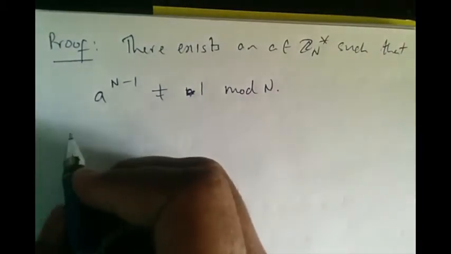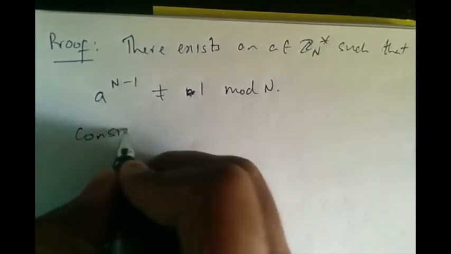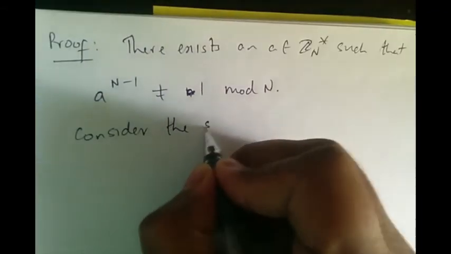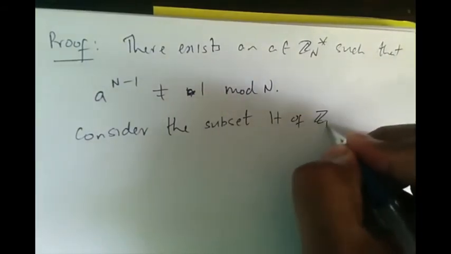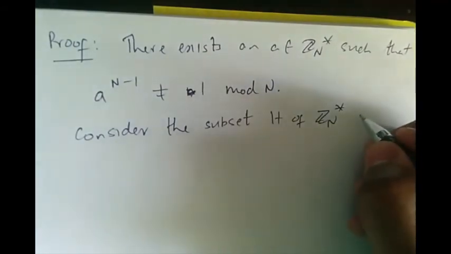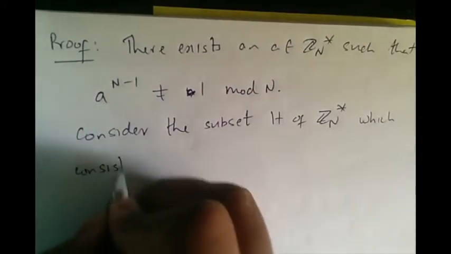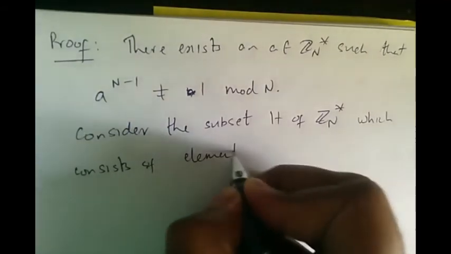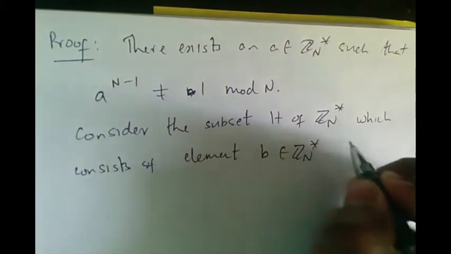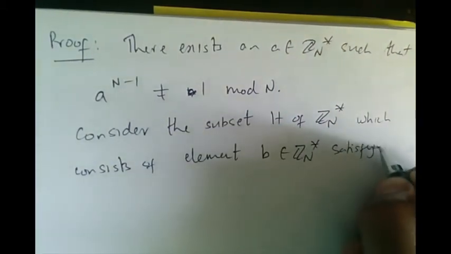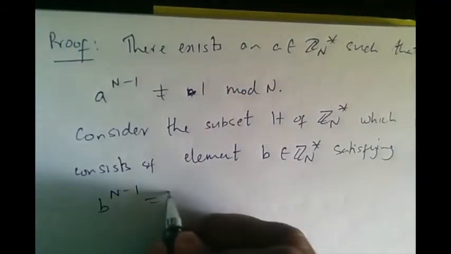So consider the subset H of Zn star which consists of elements B in Zn star satisfying B raised to n minus 1 equals 1 mod n.